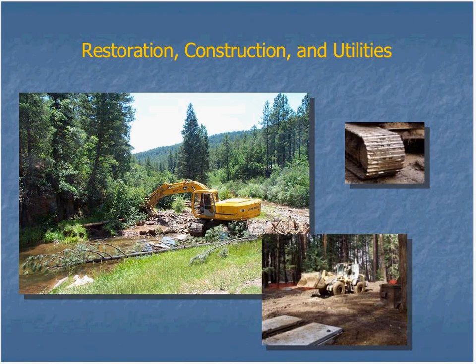Some other activities: restoration, construction, and utilities. With the big equipment here that's in the river, you can see mud that's on the tread there. Where did this ever come from? Where was the last site that it was used in? So there's another potential pathway there.